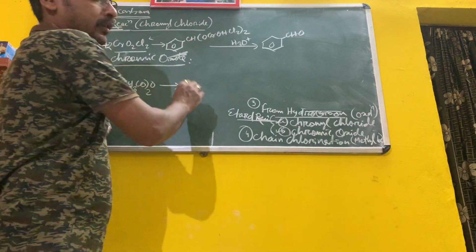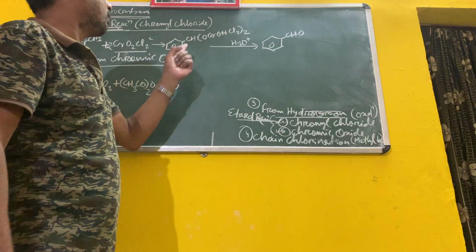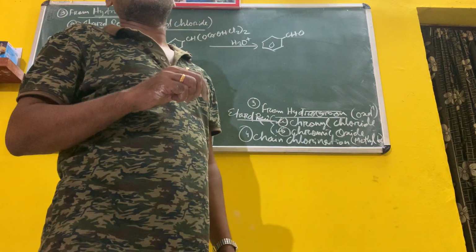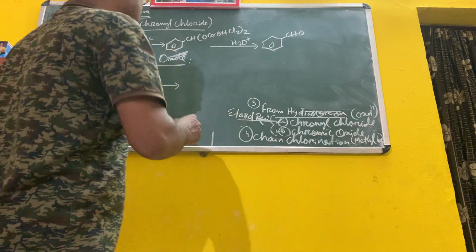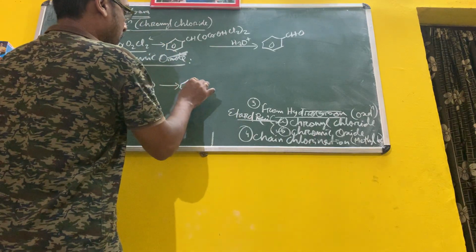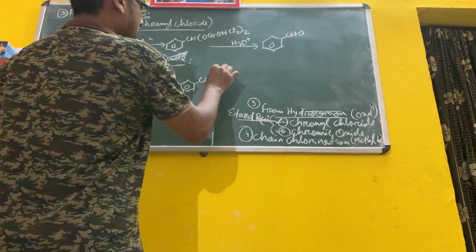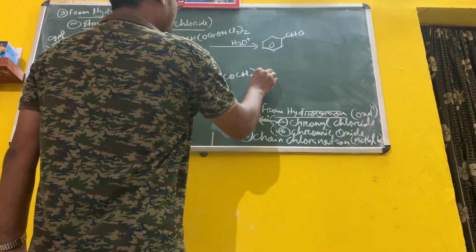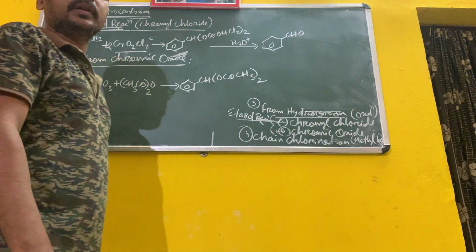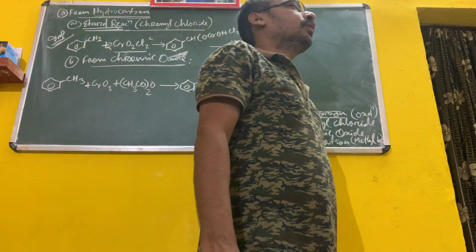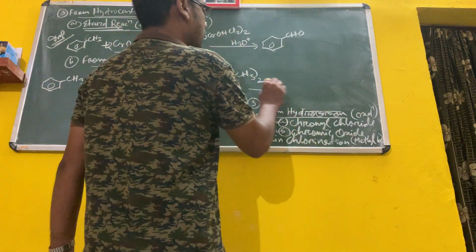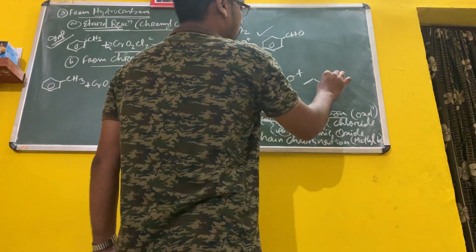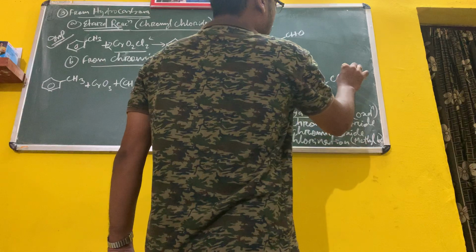It will be a similar type of complex, also an intermediate, benzene CH(OCOCH3)2, and it is followed by the hydrolysis, H3O plus, to form benzaldehyde.